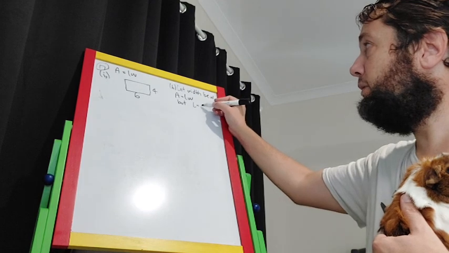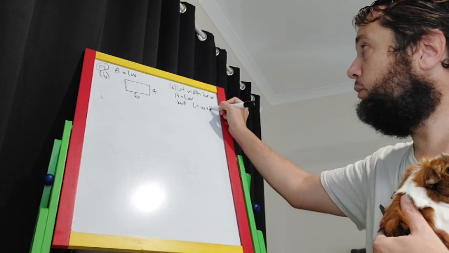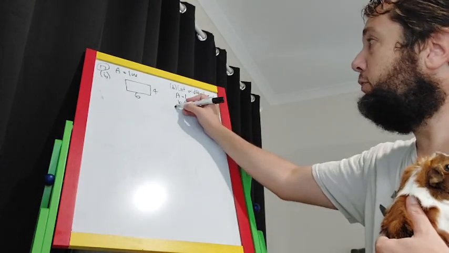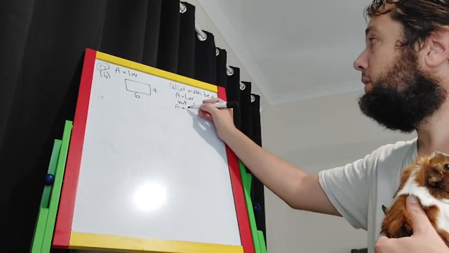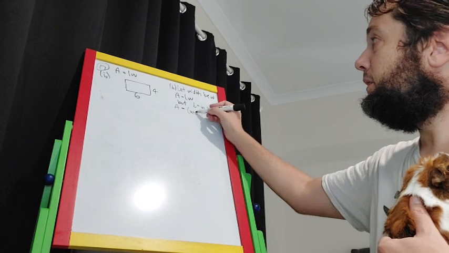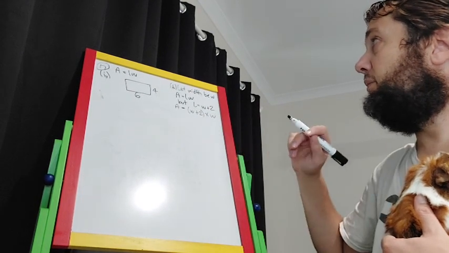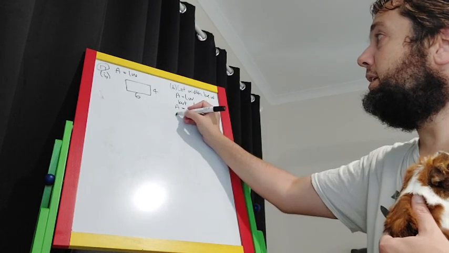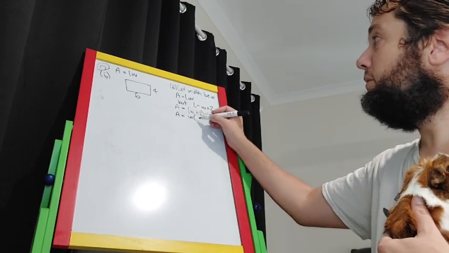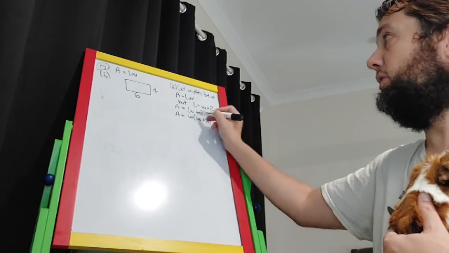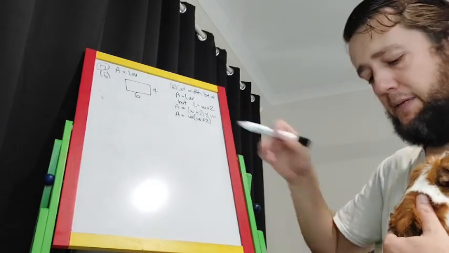So the length could be written as the width plus 2. If you put that in a formula, the length is the width plus 2 times the width. So you get this formula of W plus 2. That's the cleanest way of writing it, because it's all of that multiplied by W, and that means the same thing.